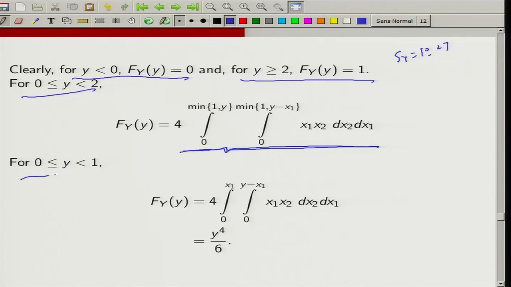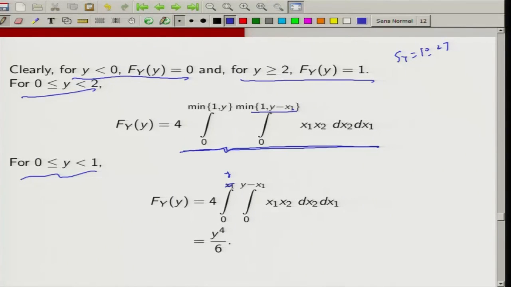So, for y between 0 and 1, my range would be 0 to y, because y is smaller than 1. Now, if x1 is less than y and y is less than 1, then y minus x1 would be smaller than 1, because y itself is smaller than 1.